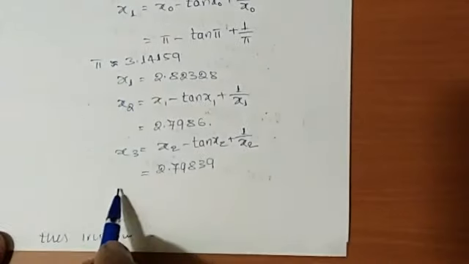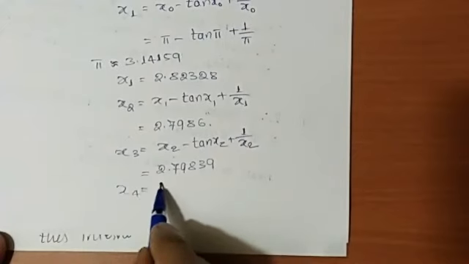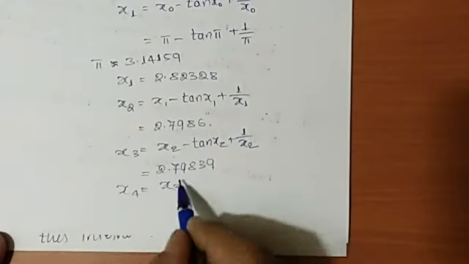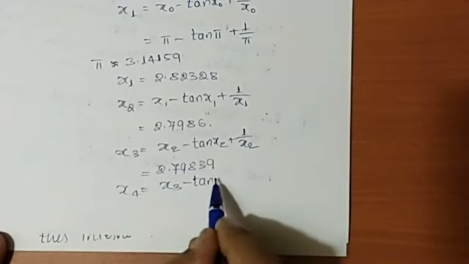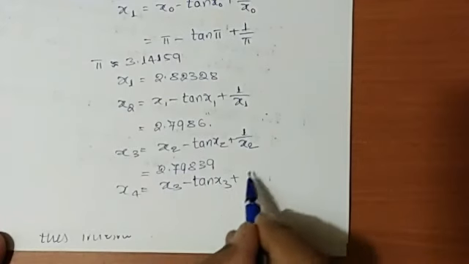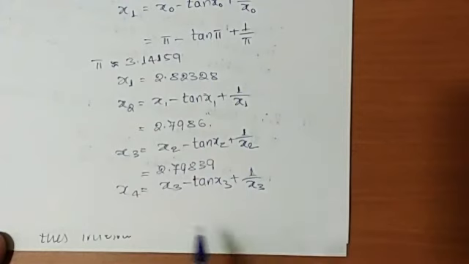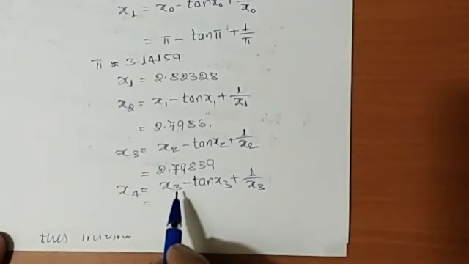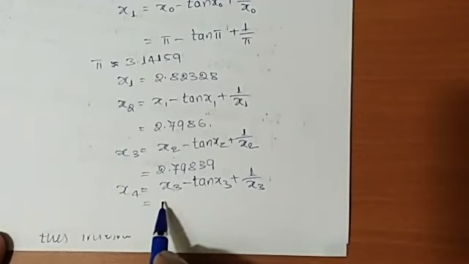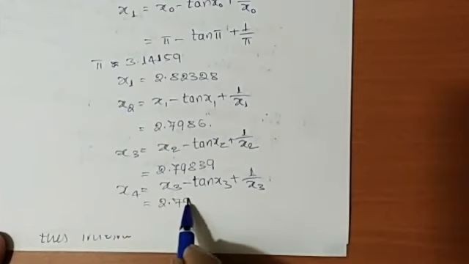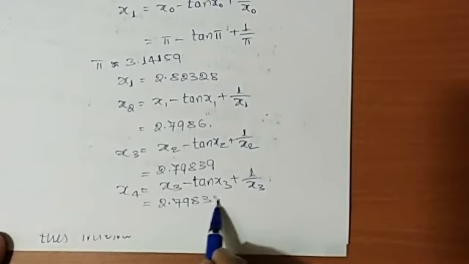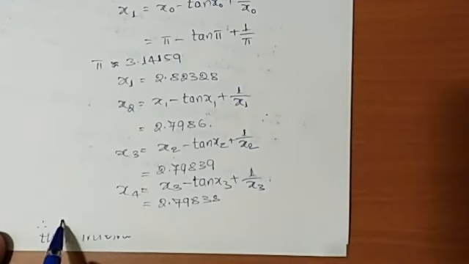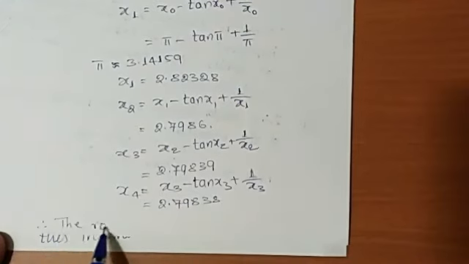Similarly, x4 will be x3 minus tan x3 plus 1 by x3. If I simplify this, I get 2.79838.